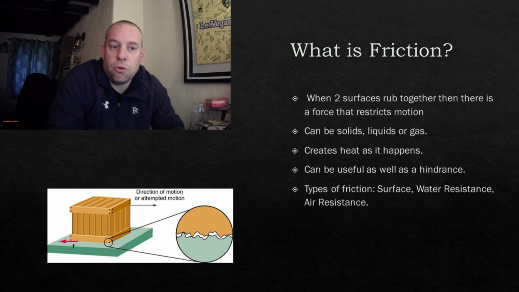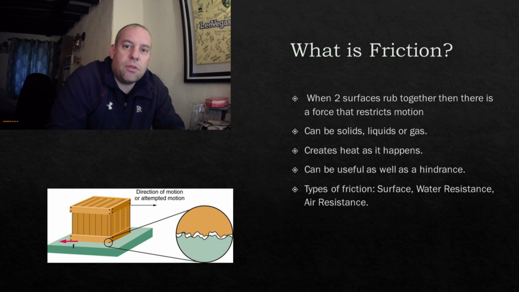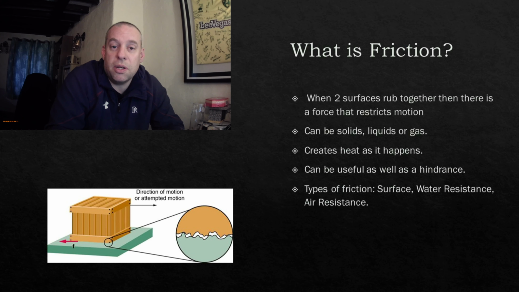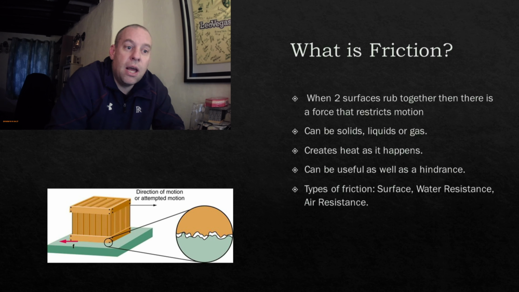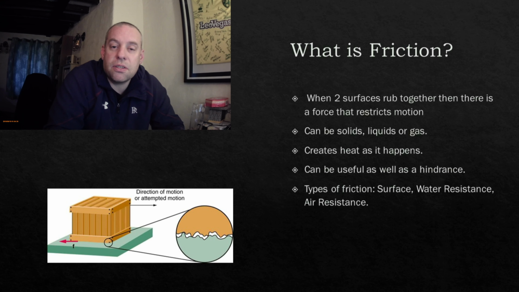It's a force that can be useful and it can be a hindrance, depending on the situation. We're going to look at both types of examples in a minute. A little thing to notice is that the three main forms of friction we talk about are surface friction, which is really between solids, water resistance, which is in a liquid or fluid, and air resistance, which is in a gas.